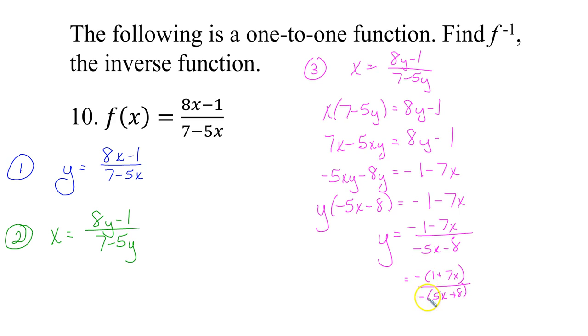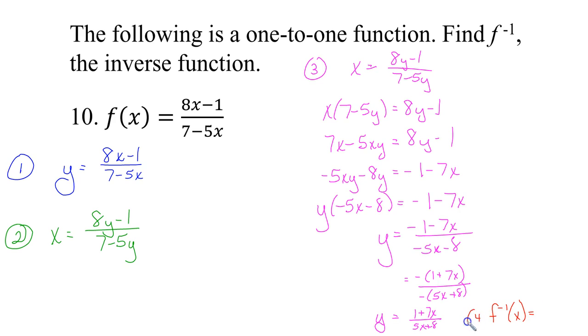And then a negative divided by negative is positive. And so this is going to be 1 plus 7x over 5x plus 8. You can rearrange these to make it look like the answer choices. Because everything's added, it doesn't matter. And so then I can call my f inverse function just this.